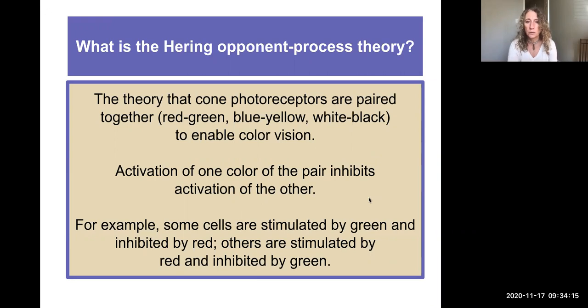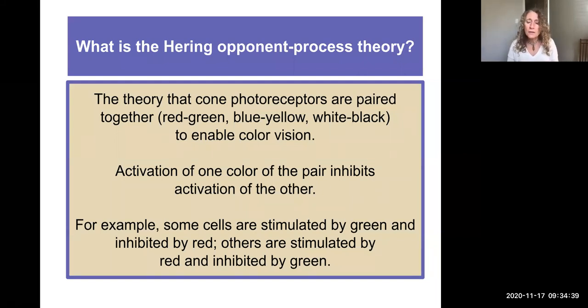The theory that cone photoreceptors are paired together. So there is another theory, and they both kind of together give us an overall understanding of color. But this other theory is called the opponent process theory. And it says that photoreceptors are paired together, and you need to remember these opposing pairs: red and green, blue and yellow, and white and black.